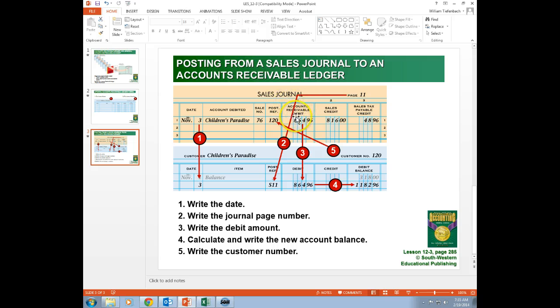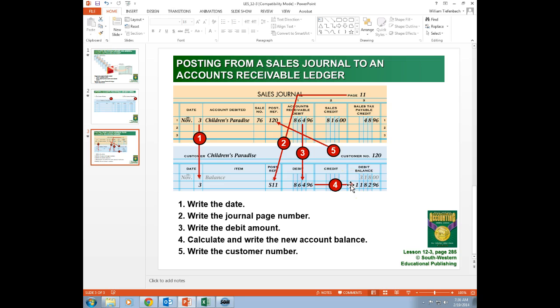It's just coming from the accounts receivable debit side, because this is the accounts receivable ledger. We're going to add to the balance because they now owe us this amount of money. A debit balance means that they owe us this amount. It is an asset. We will receive it at some point. When they pay us back, it's going to be recorded in the credit, and then we would subtract from our balance. Pretty much that is it.